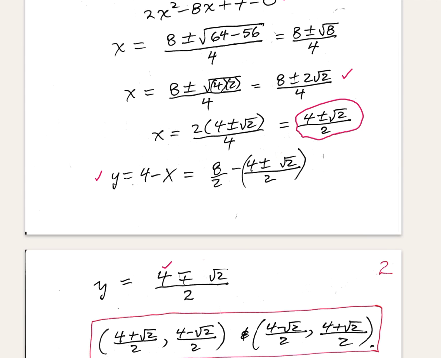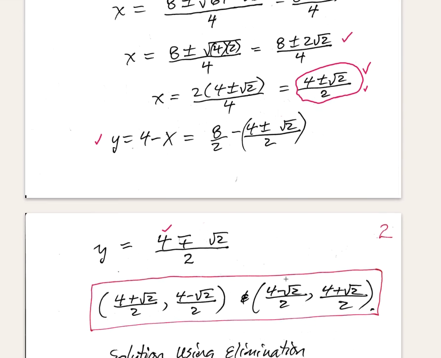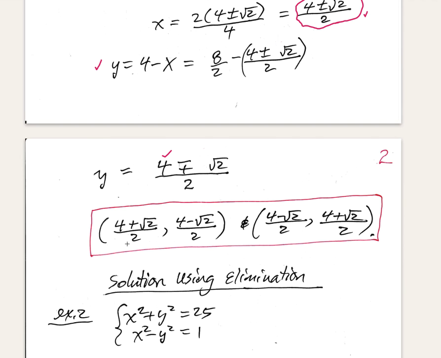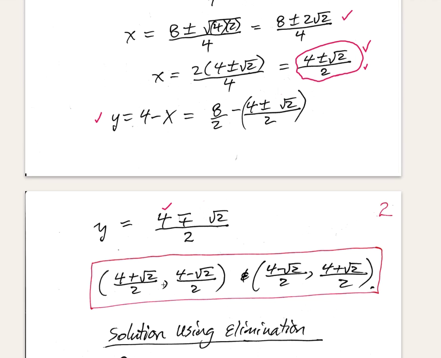So what this is saying is if I've got a plus for my x value, I've got a corresponding minus for the y value. Likewise, if I have a minus, 4 minus the square root of 2 for the x value, I actually have a plus for the y value. So the two points of intersection, there's only 2 points of intersection: (4 plus the square root of 2 over 2, 4 minus the square root of 2 over 2).